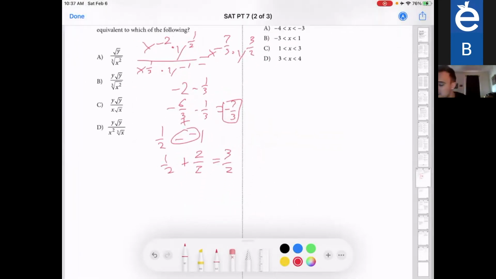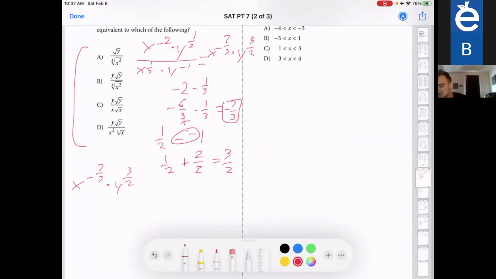Like I said, none of these answer choices over here have that answer. So this tells me I need to work with what I have so far a little bit further. So x to the -7/3, let me write this down here, times y to the 3/2.